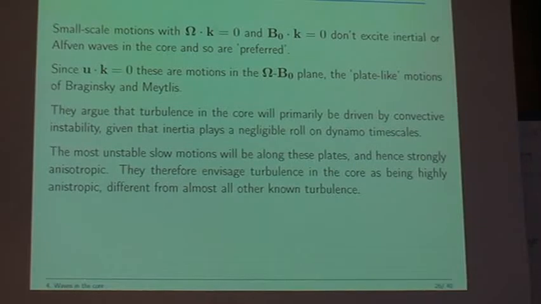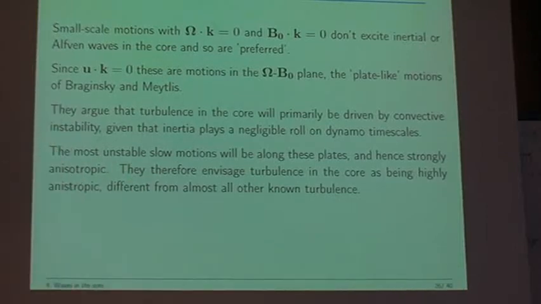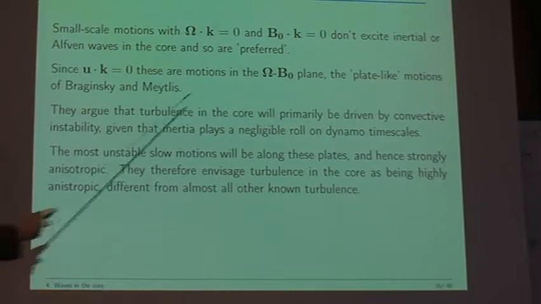original idea. Now, of course, divergence of u is 0 in the core, so if you've got a wave-like motion, that means that u dot k is 0. And if you think about it, that means that k must be perpendicular to u, and since k is perpendicular to omega and B naught, that means the velocities u have got to be in the omega, B naught plane.